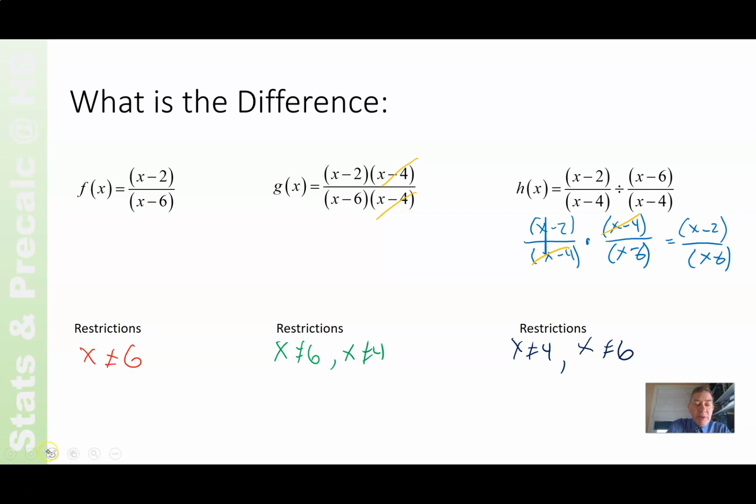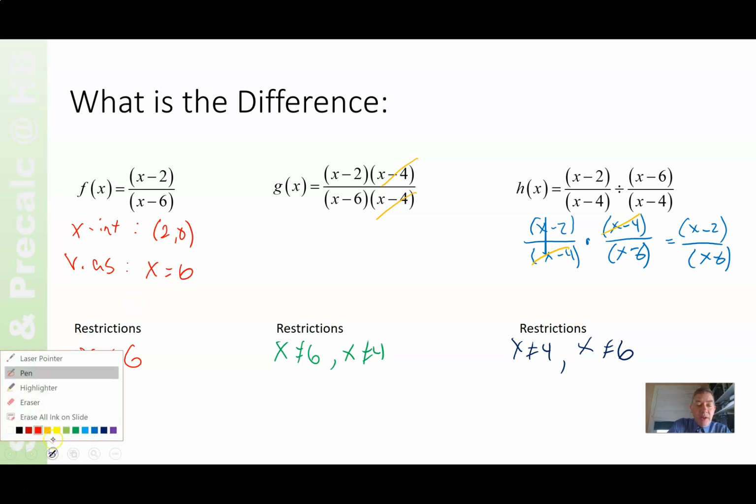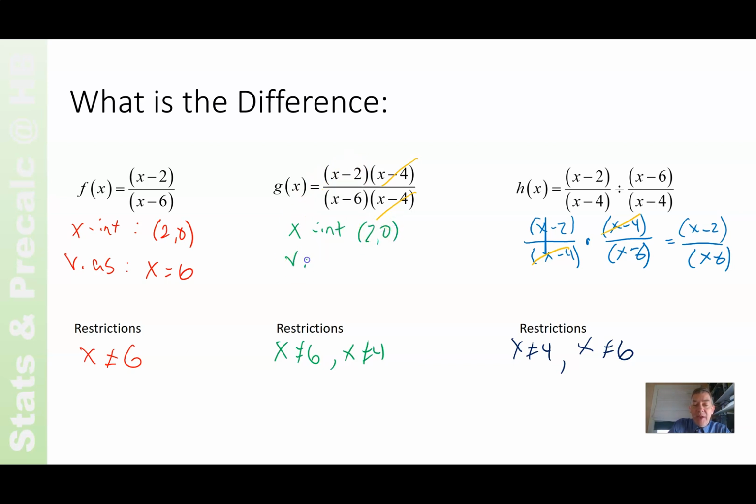Also, looking at the properties of the graph. This one has an x-intercept when x is 2, so 2, 0. It has a vertical asymptote when x is 6. The second one, likewise, because there's an x minus 2 in the numerator, has an x-intercept at 2, 0, and a vertical asymptote at x equals 6.